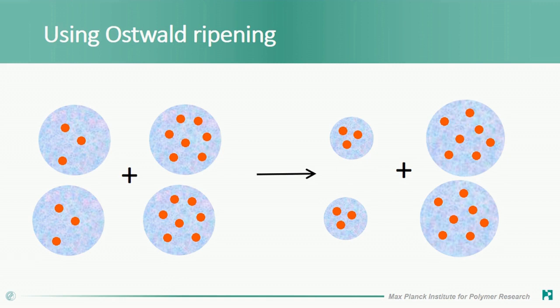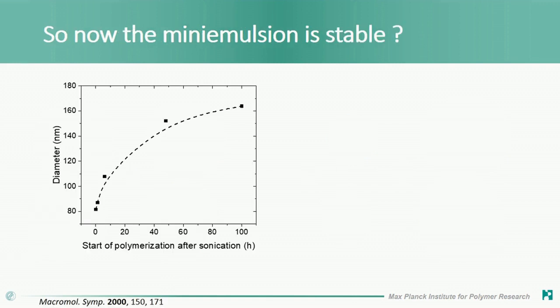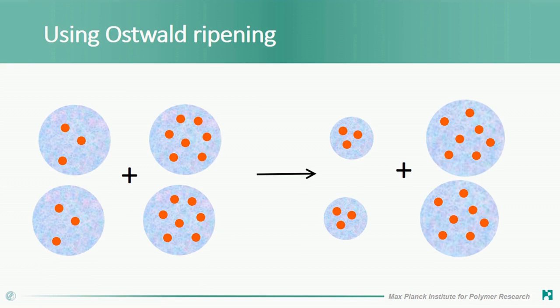Then we will observe diffusion from the droplets that have low concentration to the droplets that have high concentration. So those droplets that were made with a high concentration of osmotic pressure agent will grow, while the others will decrease, and we will end up with a bimodal distribution of particles, which might be interesting or not, depending on what you want to do.